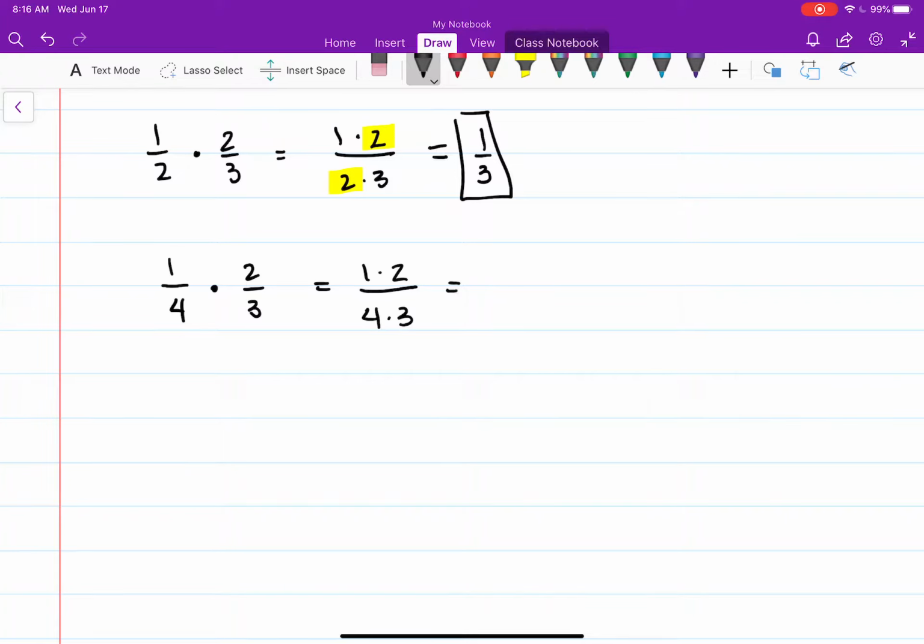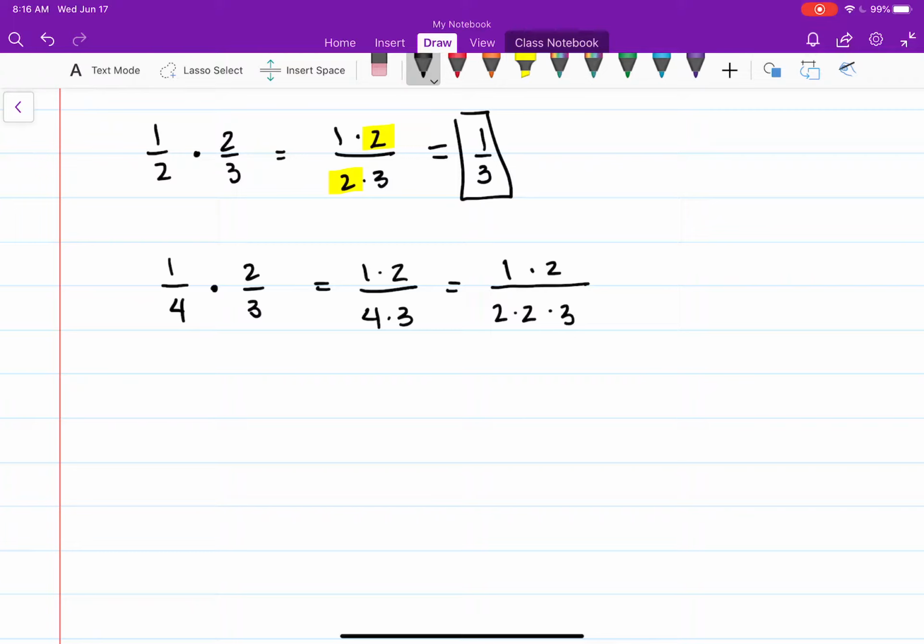Here's the other way of canceling this. Instead of going 2 over 12 and then trying to reduce that, because the numbers get kind of big, what I can do is break these down. The 1 is just a 1, the 2 is just a 2, because I can't break down 2 anymore since that's already a prime. But I can break down the 4 as 2 times 2, and then the 3.